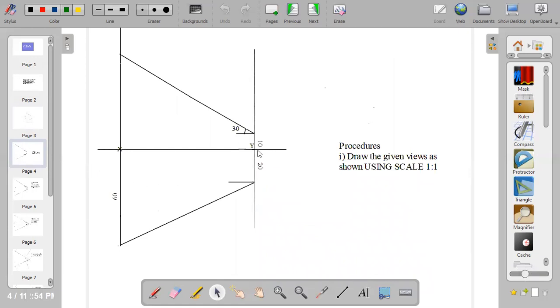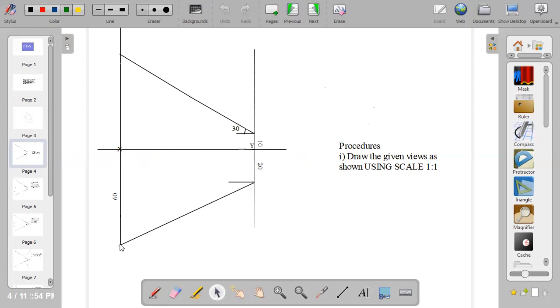So from XY, get a point 10 mm, which is the starting point, and measure an angle of 30 degrees to get where it rests on this line, which is the end of the first line given in elevation. Then come to the plan, get a point 20 mm, mark the starting point, also measure 60 mm away from the XY line.